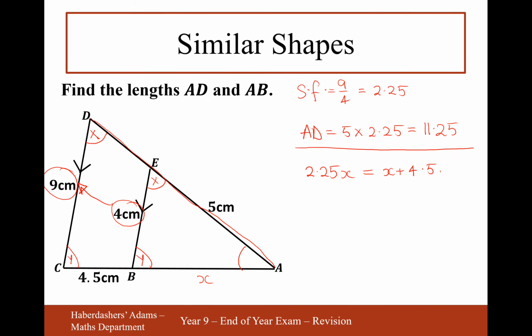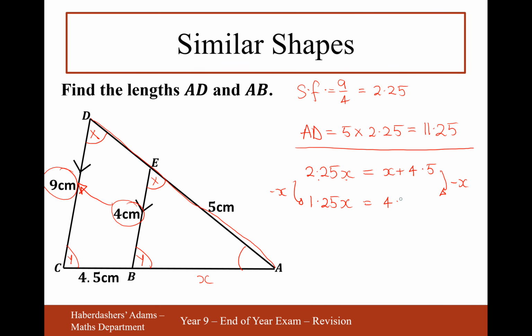We need to make ourselves an equation. So you scale factor A to B up by 2.25, and you get the whole length from A to C. And that's what I've written here. Take X, scale factor it up by 2.25, and that will be equal to this whole side of X plus 4.5. Let's now take away 1x from both sides. Taking away 1x will leave me with 1.25x on the left.